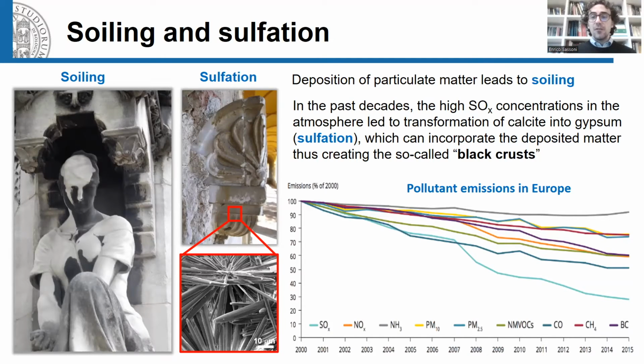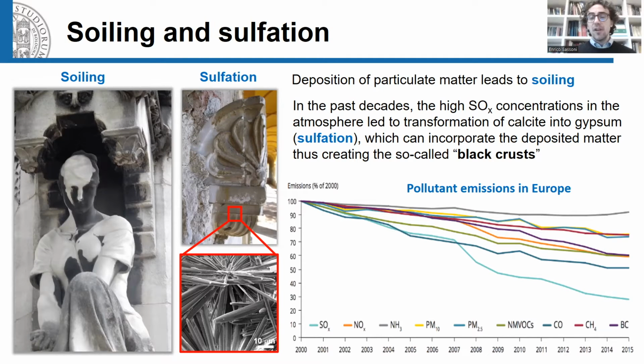This particulate matter can also be incorporated into a surface crust, thus leading to the so-called black crust, because of the color, of course, in case a surface layer of gypsum is formed over carbonatic stones as a result of a chemical reaction between the stone itself and sulfur oxides that are present, or especially in Europe, were present in the atmosphere in past years.